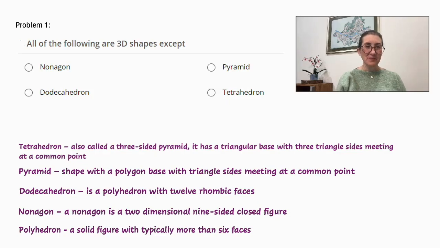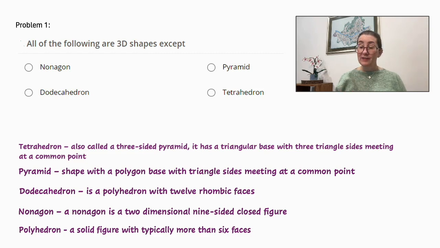Problem number 1. All of the following are three-dimensional shapes except, is it the nonagon, the pyramid, the dodecahedron, or the tetrahedron? Now, before we get into defining these, let's look at the question again. All of the following are 3D shapes except.